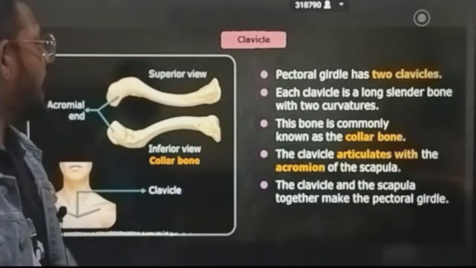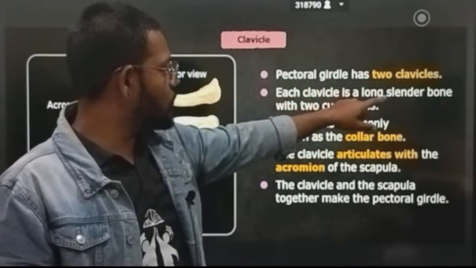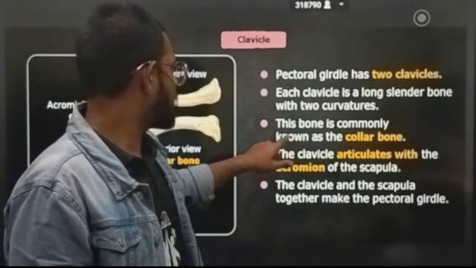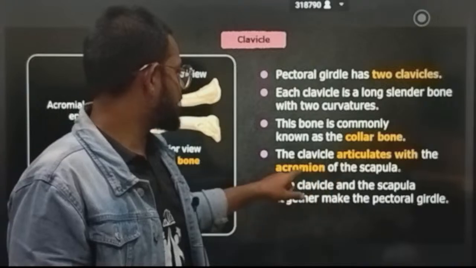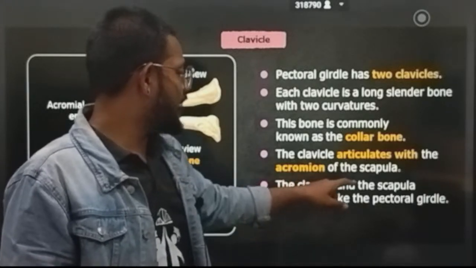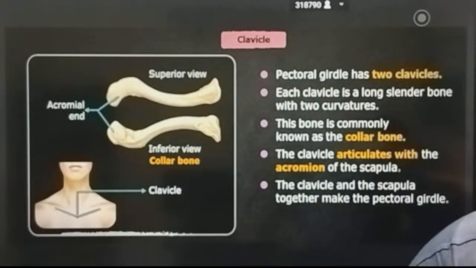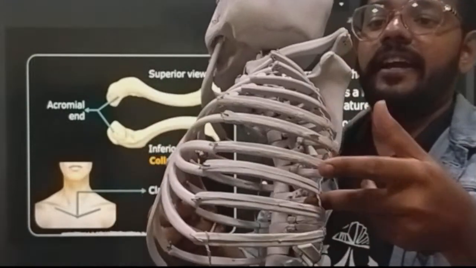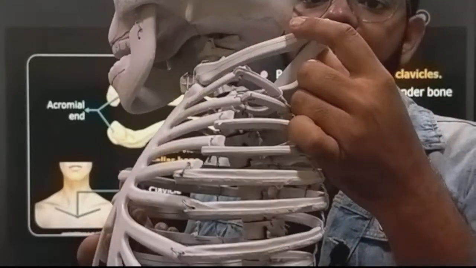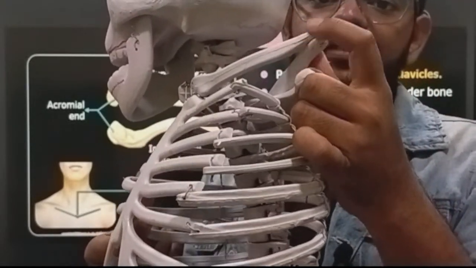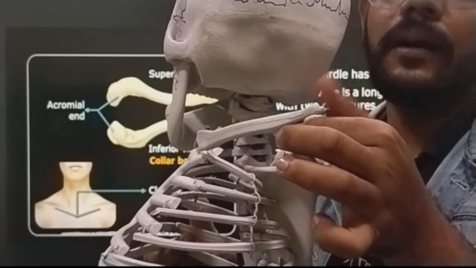Next is the clavicle. The pectoral girdle has two clavicles. Each clavicle is a long slender bone with two curvatures. This bone is commonly known as the collarbone. The clavicle articulates with the acromion of the scapula, and together they make your pectoral girdle. You can see here, this is the acromion process of the scapula and this is the clavicle, and this fits with the acromion process and makes the pectoral girdle complete.